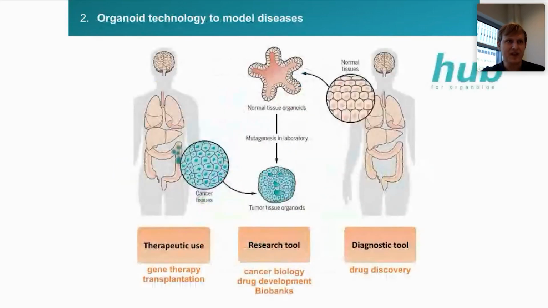And yes, I think disease modeling is really a key aspect, a central application of organoid research. Our lab, for example, is part of the OnCode consortium, whose mission is really to better understand cancer biology on the one hand, and also translate this research into practice and eventually treat patients. This is a big avenue, and it aims, for example, to obtain a very comprehensive data set of organoids from cancer patients.